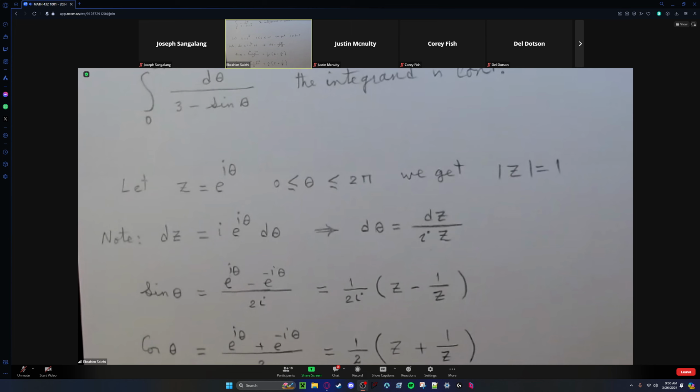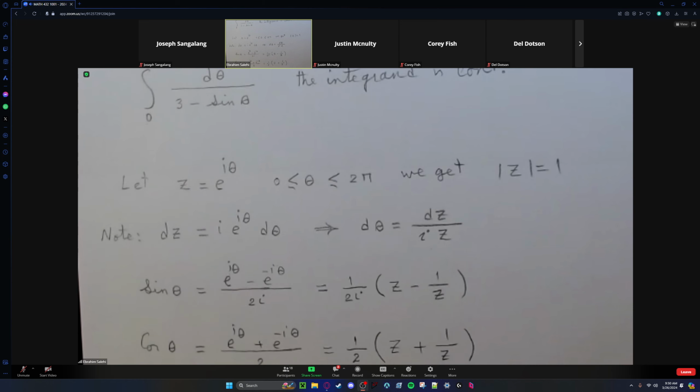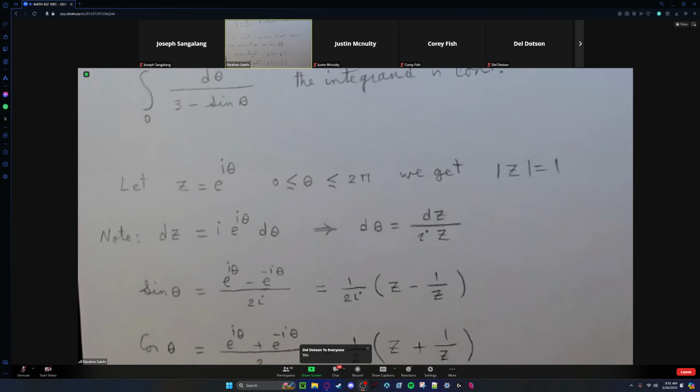Are you talking about d theta? In the integral when you replace sine theta. Sine theta is right here, the formula for sine theta.